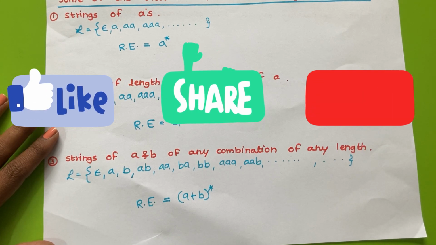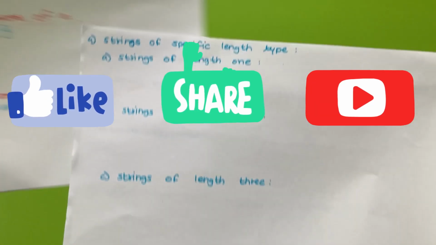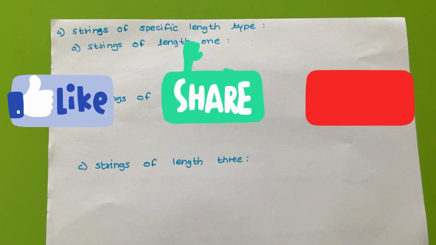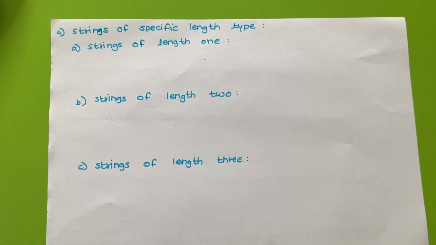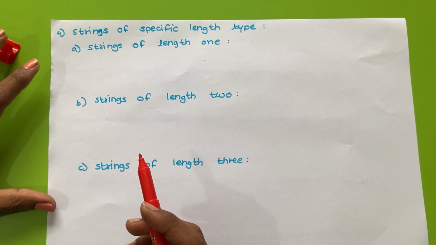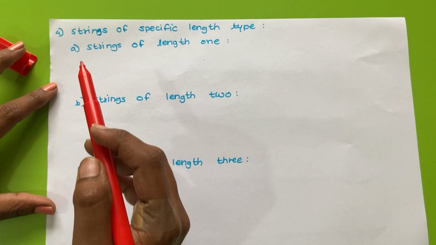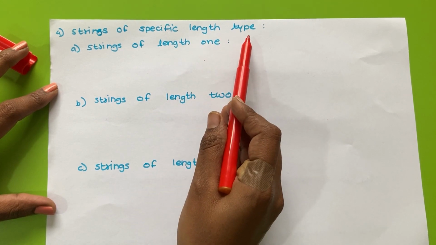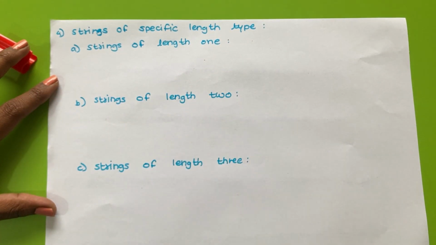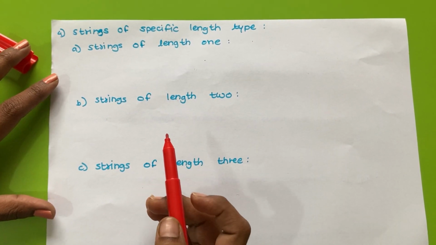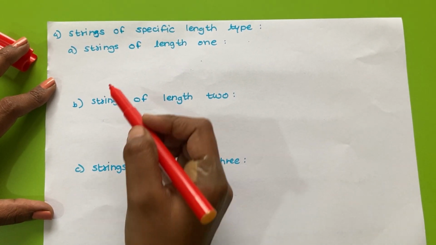We'll take the next example. We have to learn now the specific length examples. Here we will consider the strings of specific length type, meaning if we want expressions of specific length, then that can be written by using these hints.